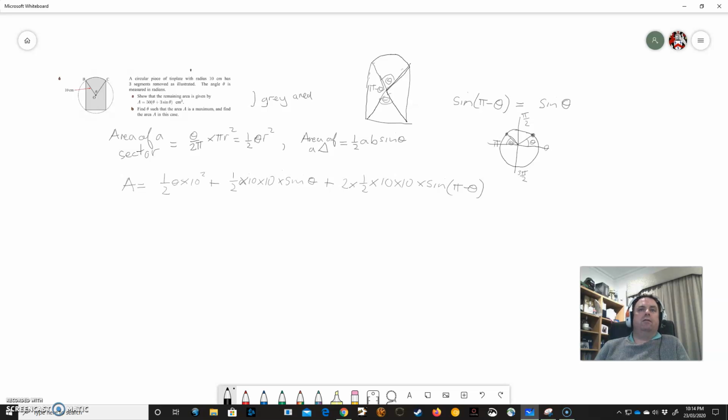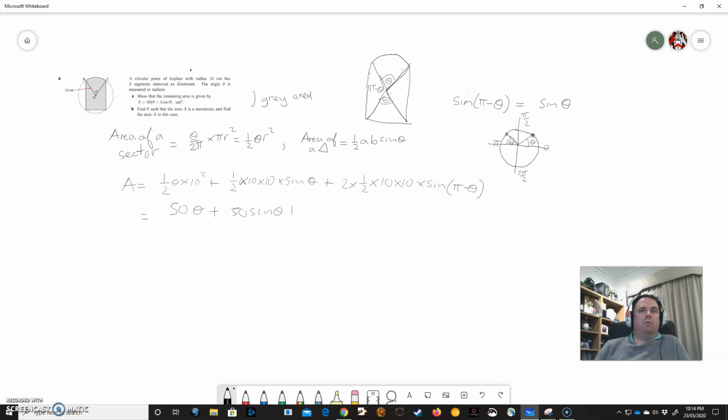The first thing that you've got to realise is we can simplify this pretty easily. So that would be 50 theta. And then this bit here, we've got 50 sine theta as well.